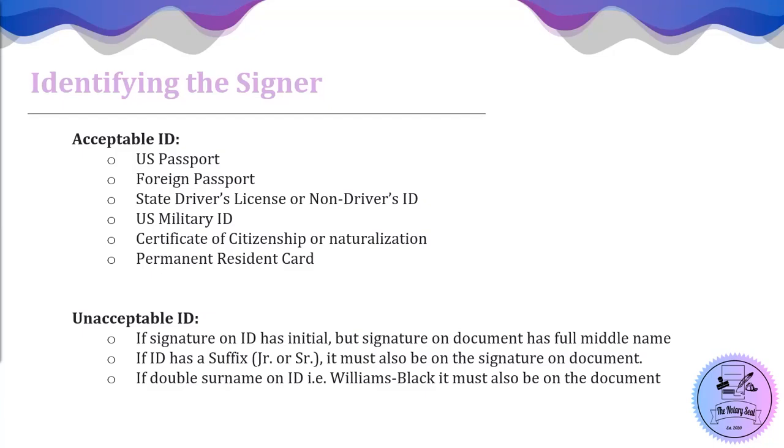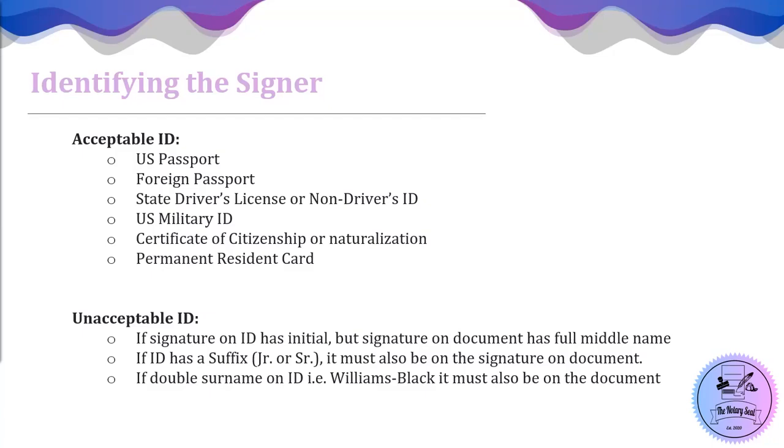If the ID says John Doe Jr., but the document says just John Doe, that would not be acceptable, because sometimes you have a senior who doesn't have senior behind the name they represent.